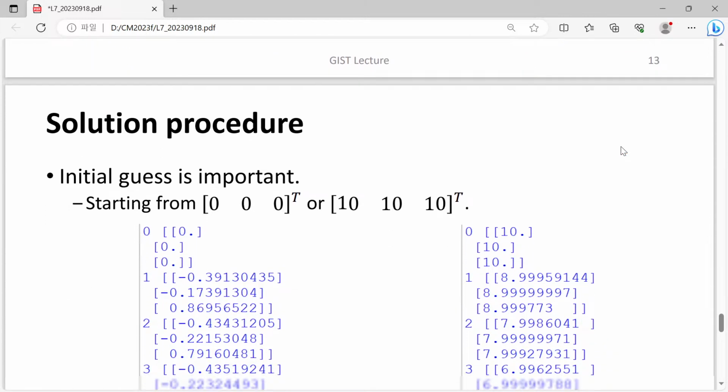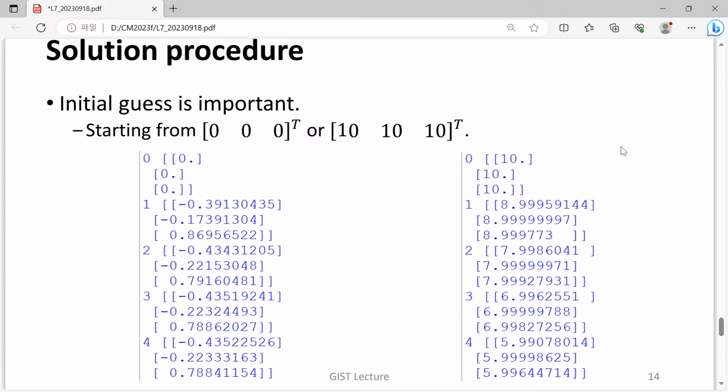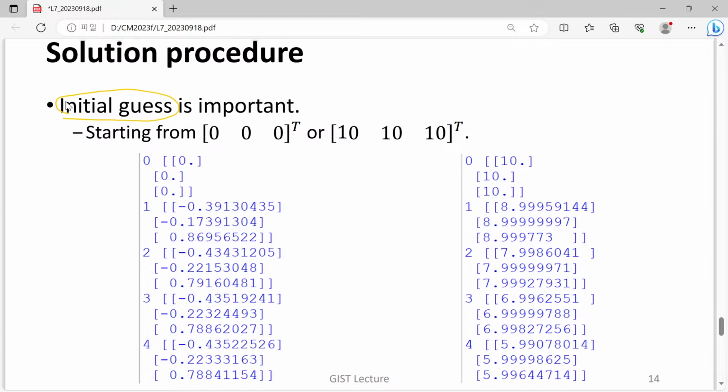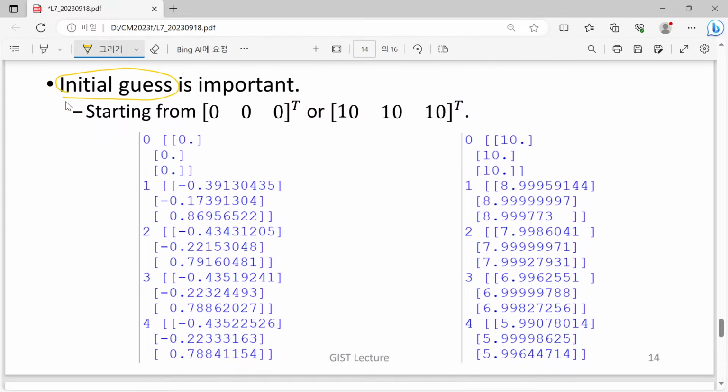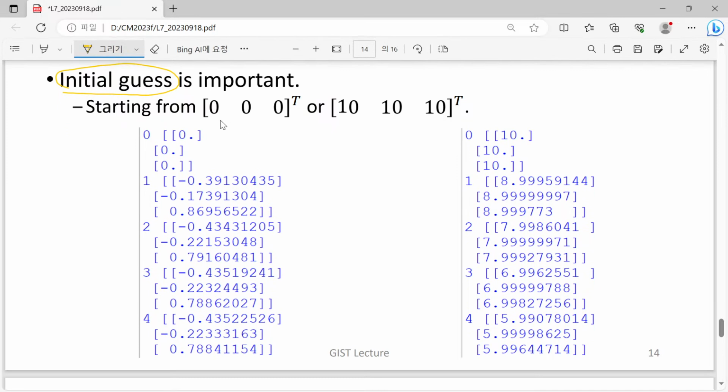So, as one student pointed out previously, the initial guess is quite important. Here, I'm showing you two different solution procedures. One starts from a null vector, 0, 0, 0, or 10, 10, 10.